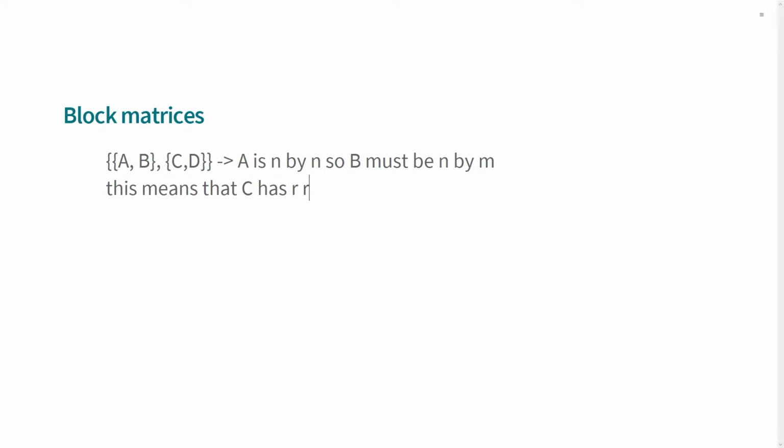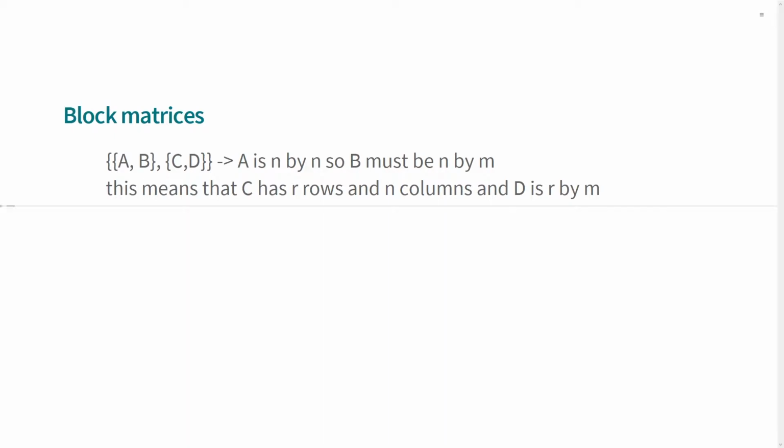We'll call it R rows and n columns to match A. And D is going to collect the number of rows from C and the number of columns from B, so D is R by m.